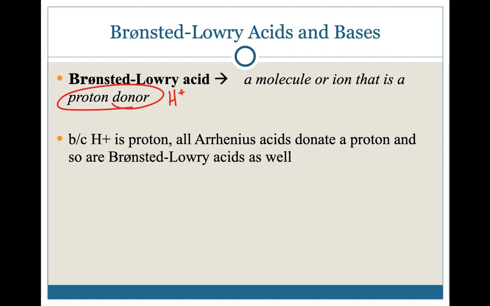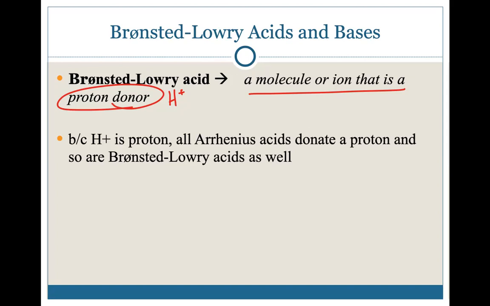However, when it comes to the Bronsted-Lowry definition, because you're talking about a molecule or ion that is a proton donor, that means that in the reaction, there must be a proton acceptor. So for Bronsted-Lowry and for the third definition, which is Lewis, you have to have both an acid and a base in each reaction, because you have a transfer of something happening. For Bronsted-Lowry, it's a proton.